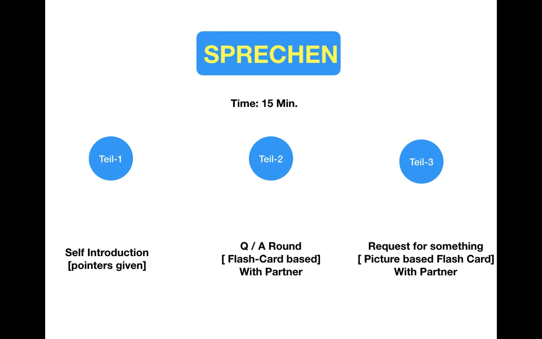So the question you can ask is, what will you buy on Wednesday? Or suppose the word given to you is Gemüse, vegetable, and the topic is shopping. So when will you buy the vegetables, or will you buy vegetables tomorrow or Wednesday or on the weekend?